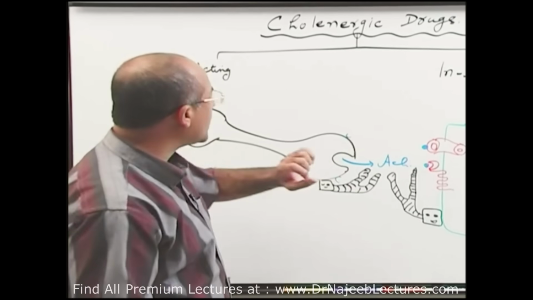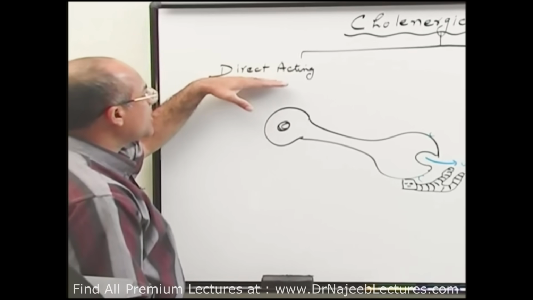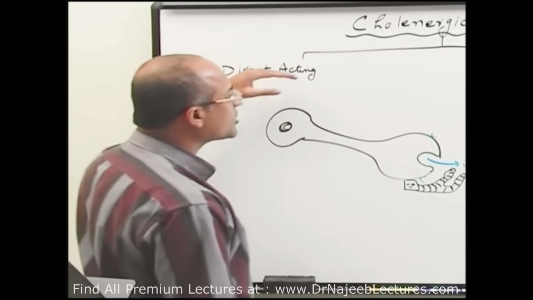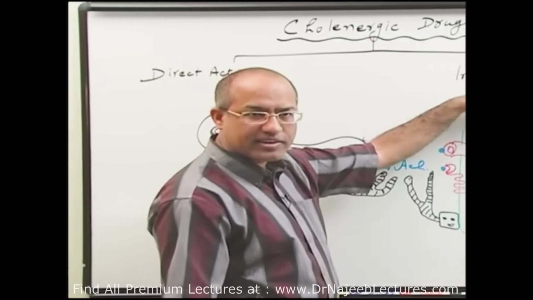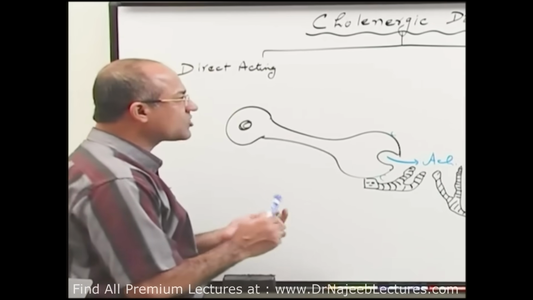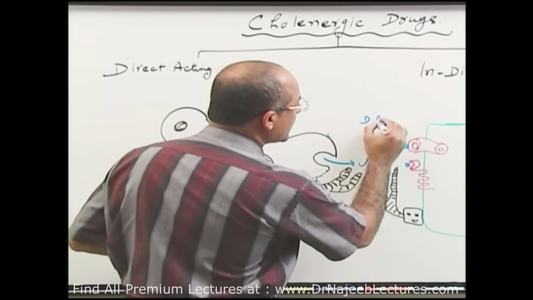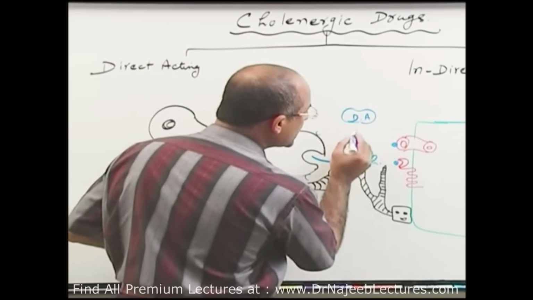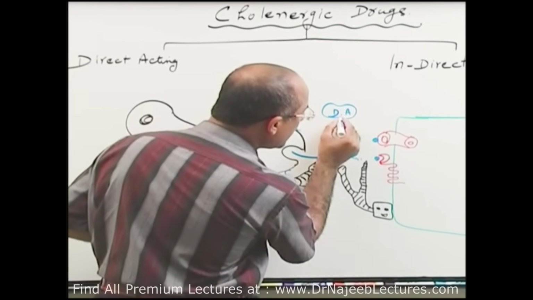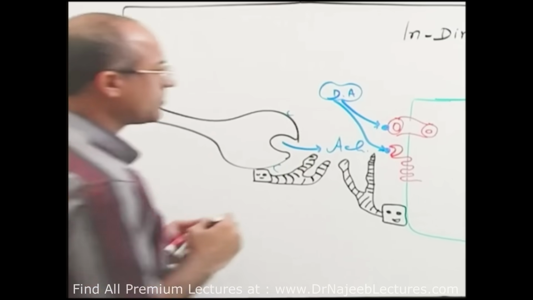Having this basic concept, now I will explain what is meant by the direct-acting cholinergic drugs and indirect-acting cholinergic drugs. Direct-acting cholinergic drugs are those drugs which can directly work at the receptors.